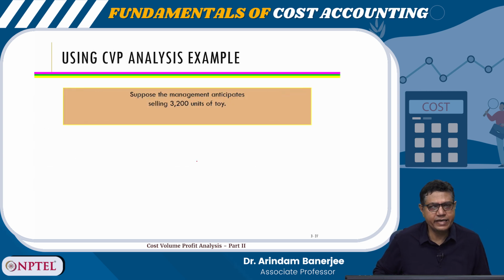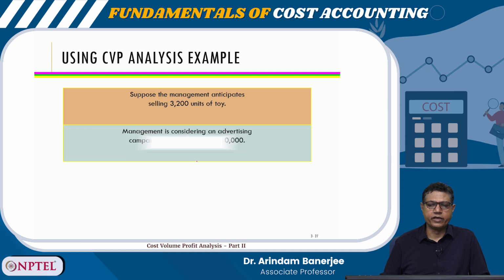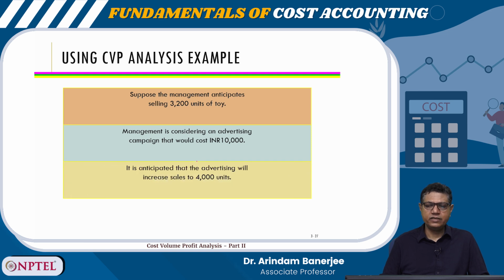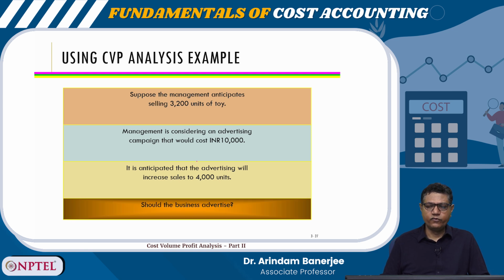So we are taking one example again. Suppose the management anticipates selling 3,200 units of toy. Management is considering an advertising campaign that would cost 10,000, and it anticipates that if the advertising campaign is done, then the sales will increase to 4,000 units.